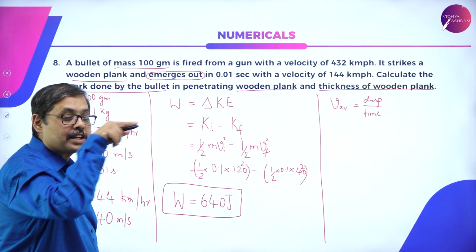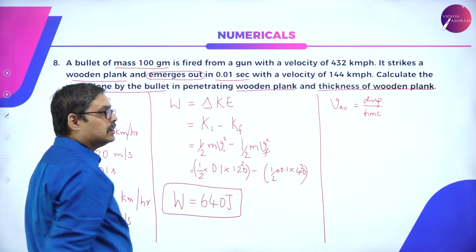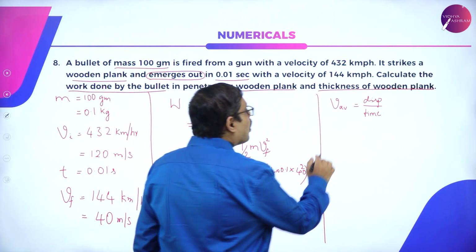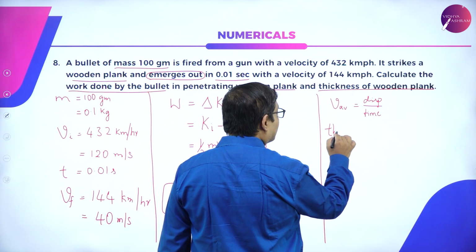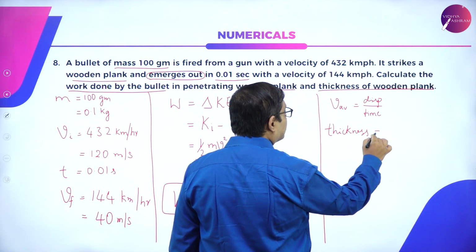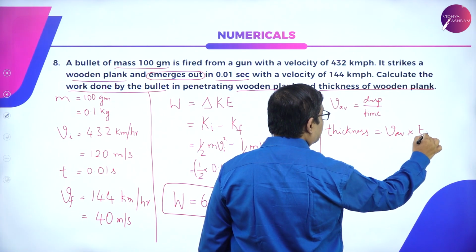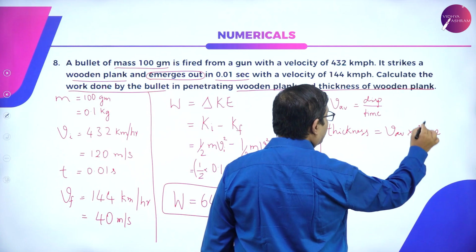The bullet emerges out of the wooden plank in 0.01 second. So the thickness of the wooden plank is nothing but the product of average velocity into the time taken by the bullet to come out of the wooden plank.